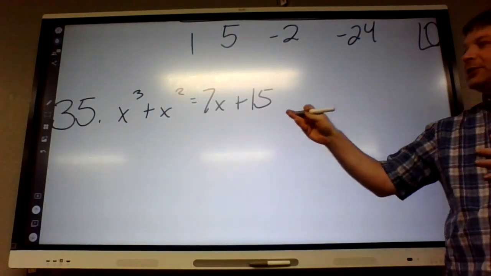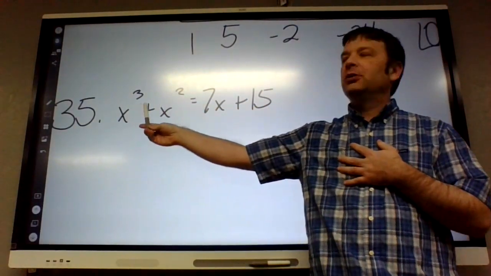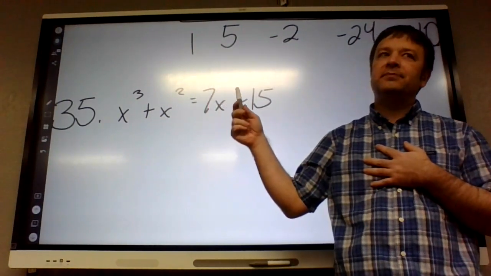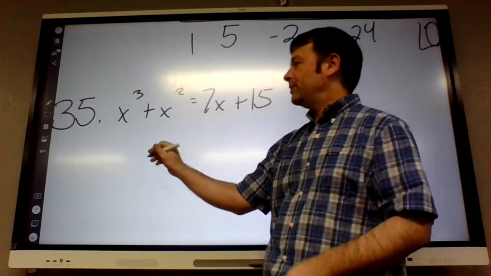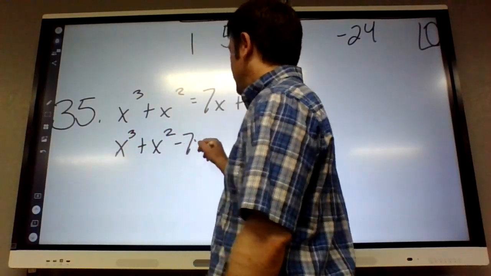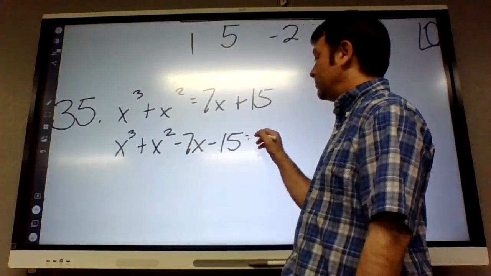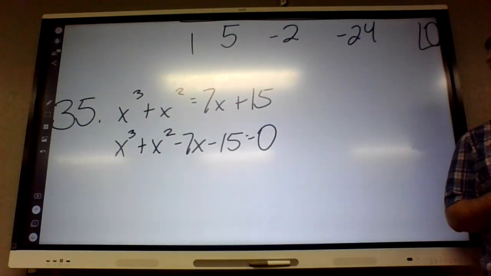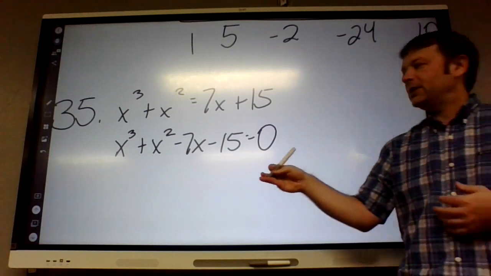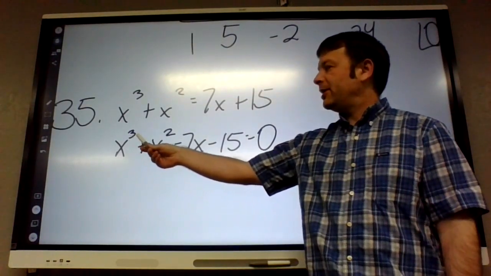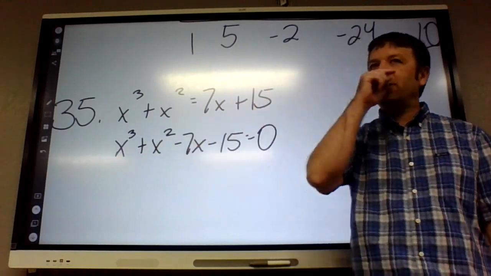All right. On this one, what should we do first, you think, to solve this? Move it all to one side, so it's in standard form. So I'm going to subtract the 7x and the 15. Does that factor? No. We can't take an x out or anything, and we don't really have tricks for x cubed factoring normally.